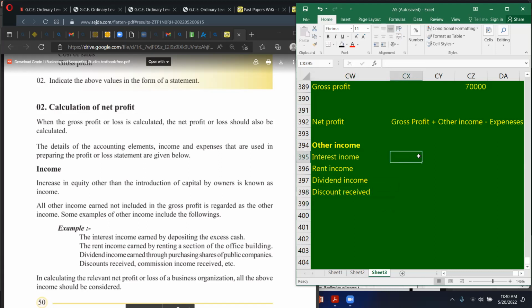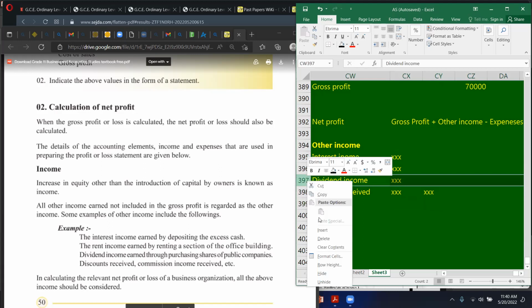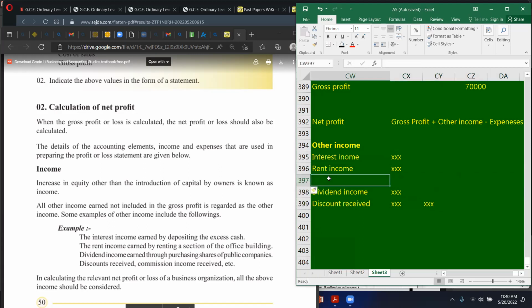Add those. There is another one called commission income. If you work as an agent, you derive commission income.